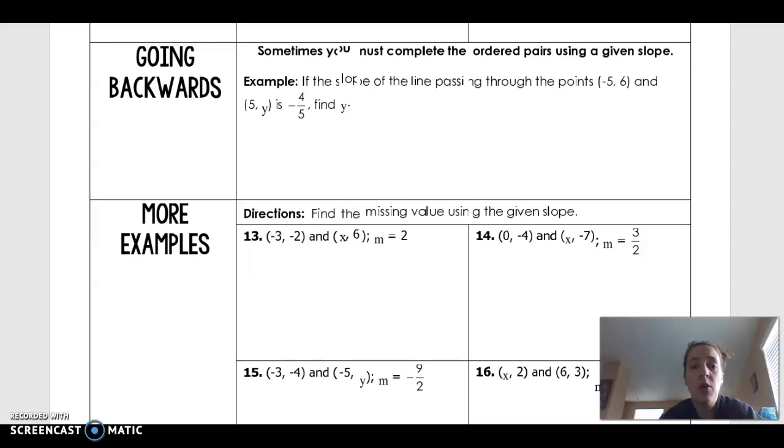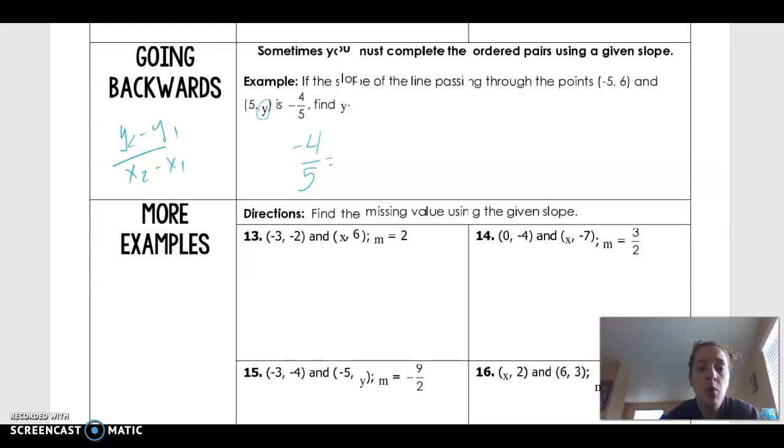Okay, so here we go. So here's the example. If the slope of the line passing through the points negative 5, 6 and 5, y, which we're trying to figure out, is negative 4/5, find y. So we're going to still use our slope formula from before. Okay, so I know that the slope is negative 4/5. And I know that slope from above is y2 minus y1 over x2 minus x1.